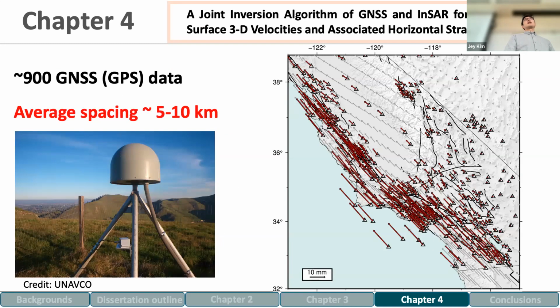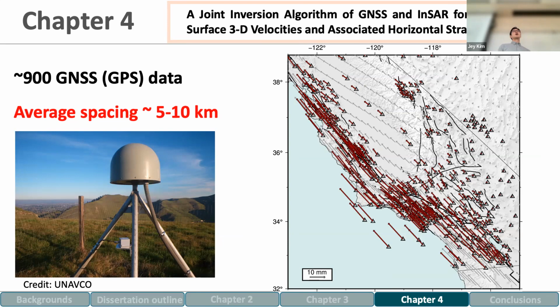If you think about the average spacing between any two GPS stations in California, it's about 5 to 10 kilometers, meaning that you have a huge data gap between two stations. You don't actually know what's happening when relying on interpolation techniques. So you may have something happening in the middle between any two stations.